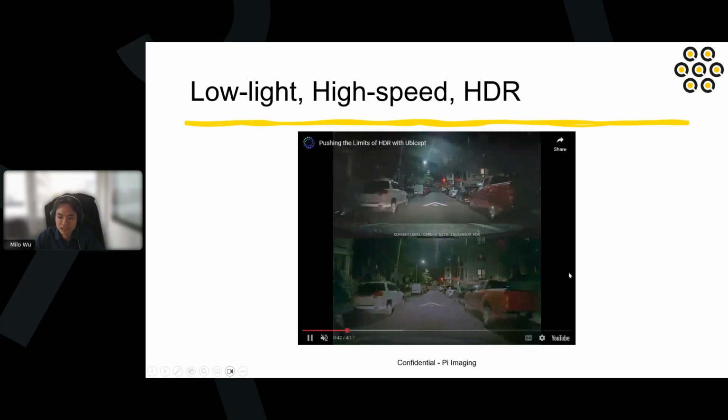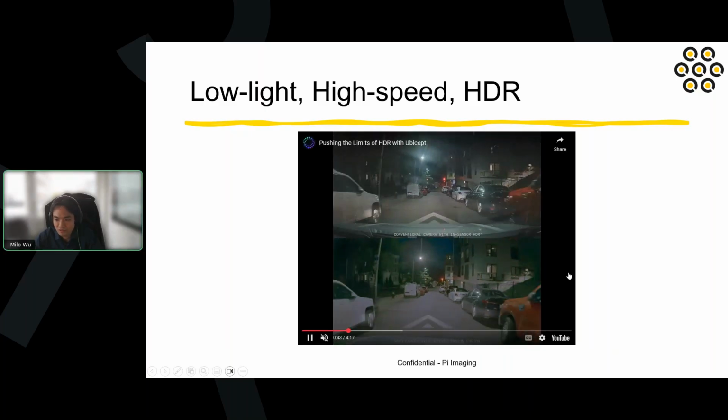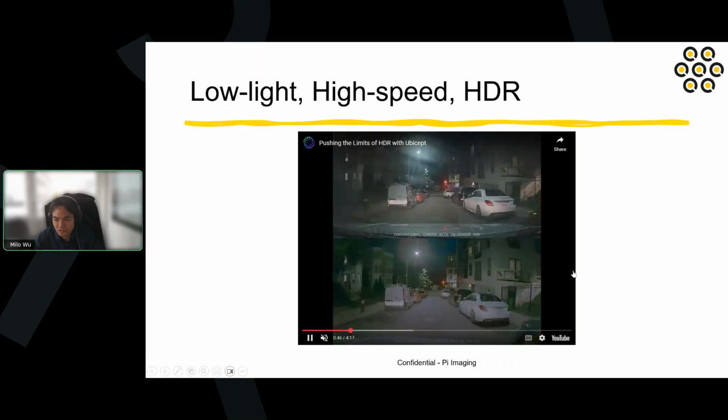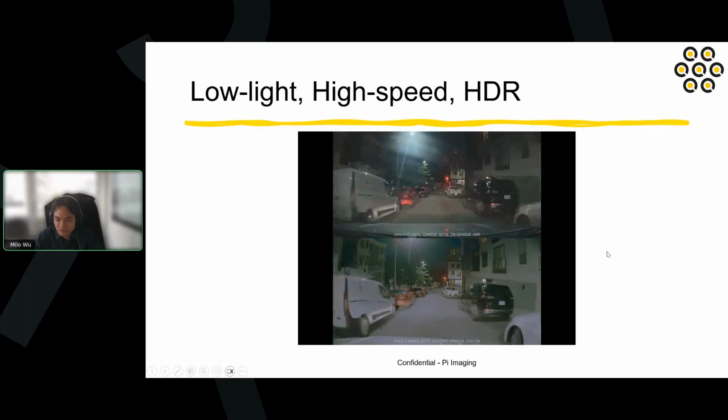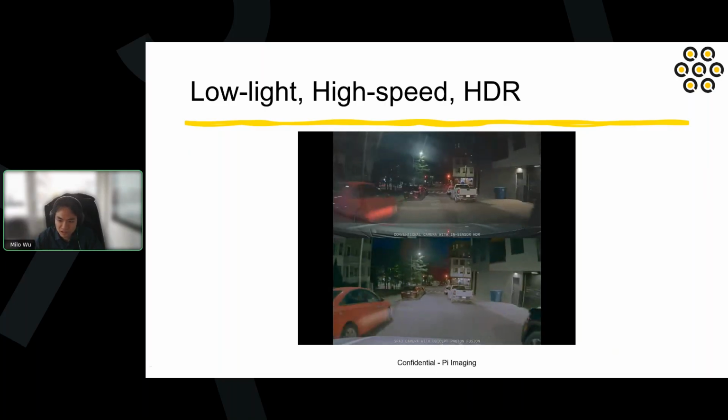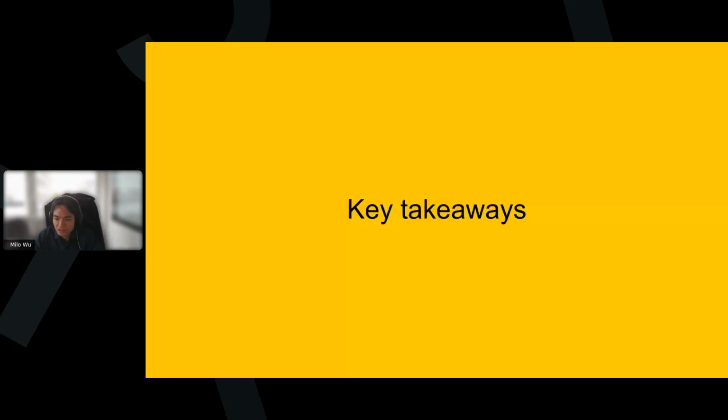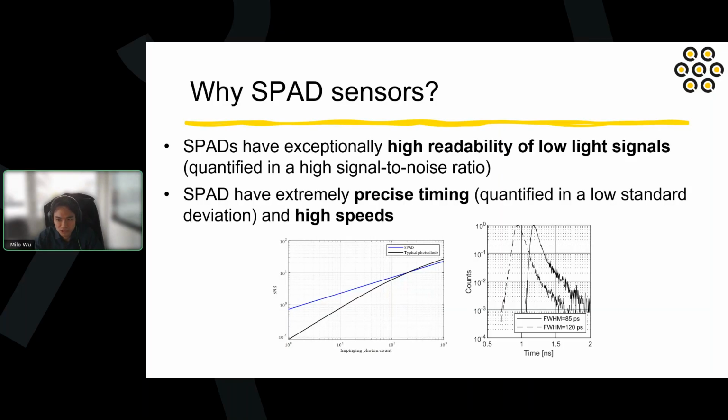So I recommend you go to YouTube and check out these videos on your other screens so you can really see the difference. The key takeaway of the talk is, why do you want to switch to SPAD sensors?